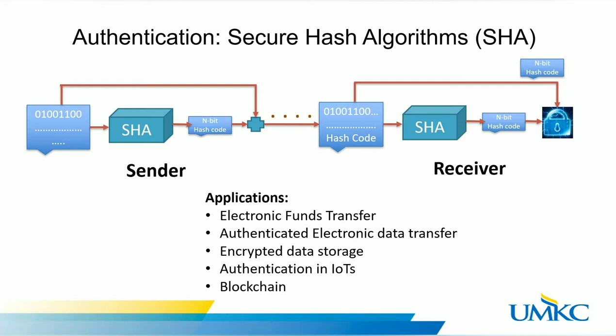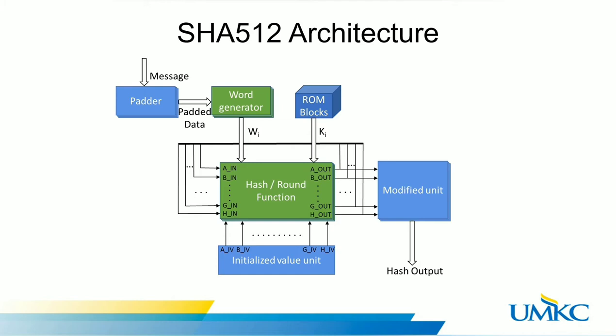So this is the architecture overview of what we are going to implement, the SHA-512 block. Starting with the message, initially we do some pre-processing steps where we pad some extra bits that are needed to process the data, and that padded data we pass through a word generator which generates words that are a function of the input message.